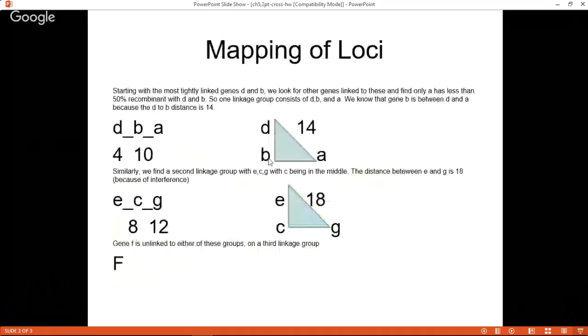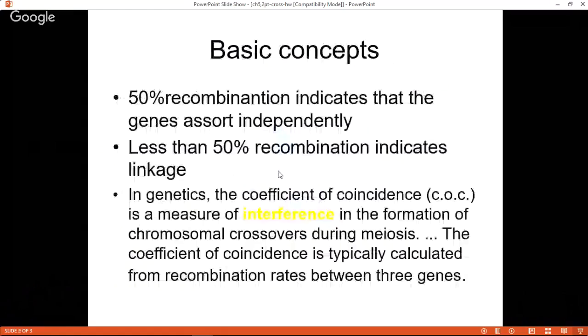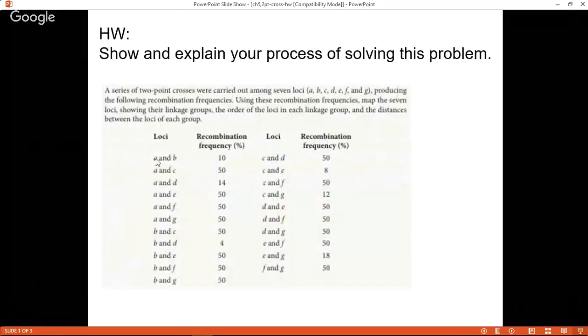So note that even though I wrote right here the distance D to B, it is actually D to A. And then I show you. D to A is 14. B to A is 10. B to D is 4. And I got that information from over here. B to A is 10, D to A is 14, B to D is 4.